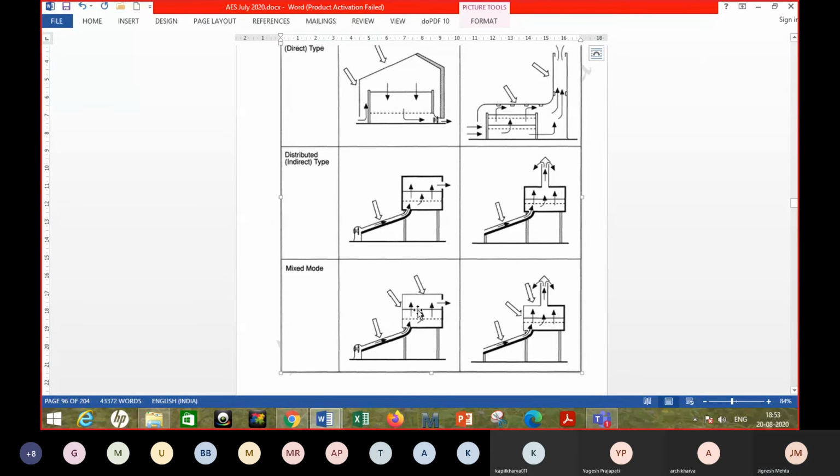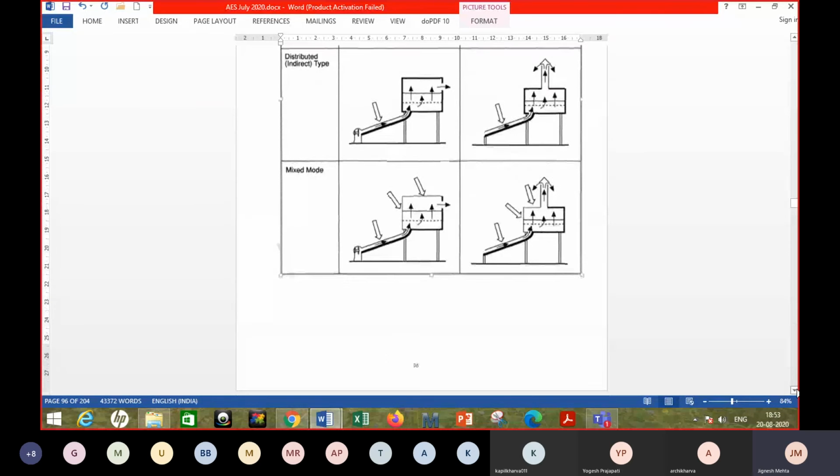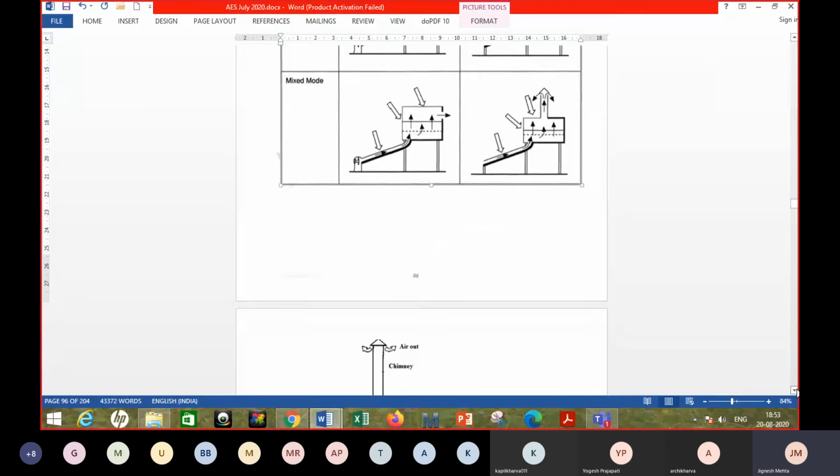So that is also helping to get heat, and helping the air to maintain its temperature to take away the moisture from the product here. And this is having a fan, so there is no chimney here, but here there is no fan, so a chimney is used for creating the additional draft of the air.